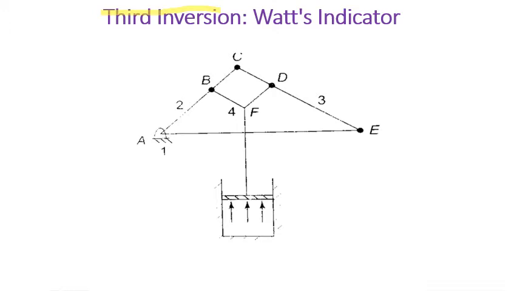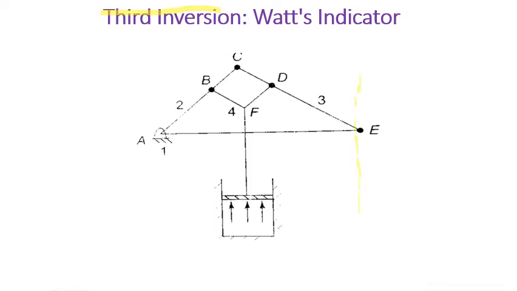On any small displacement of point F, the pointer E at the end of the link, this AE or CDE, traces approximately a straight line like this.